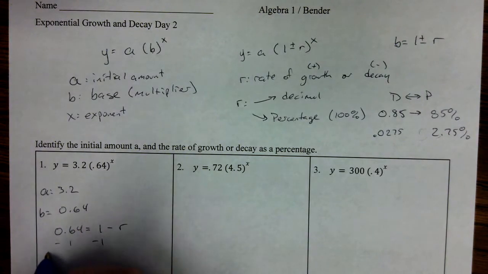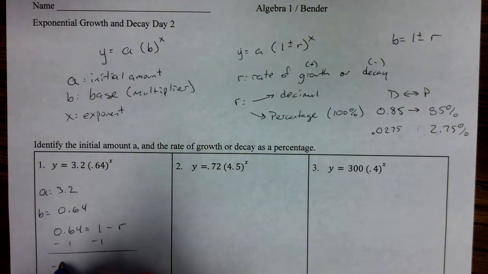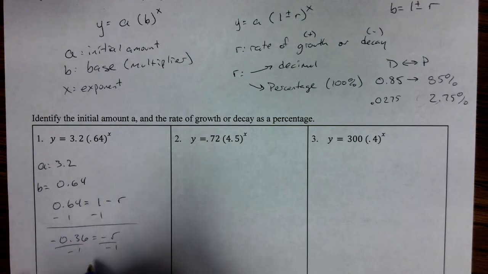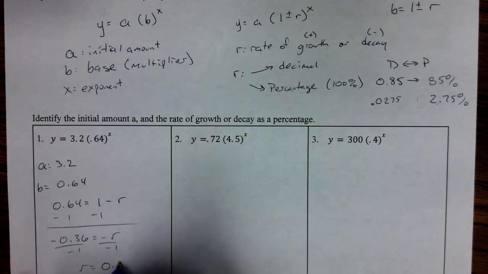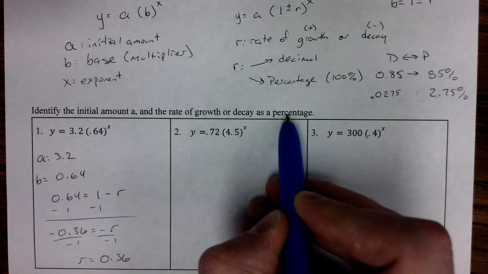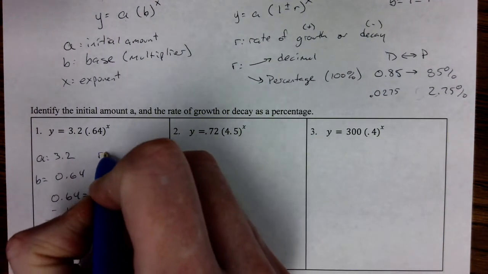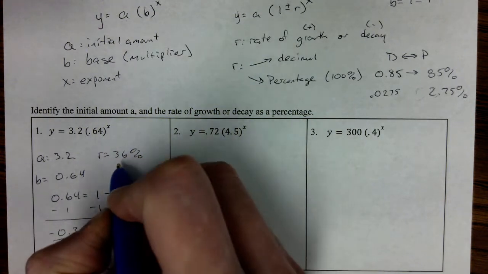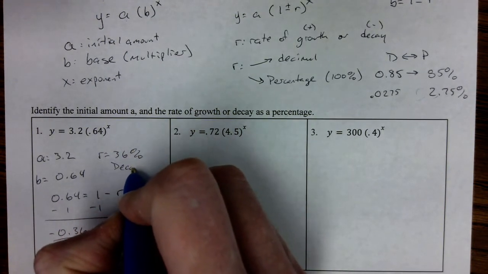I get negative 0.36 equals negative R. I have to divide by negative 1. R is equal to 0.36, which is in decimal form. More frequently, it's going to say as a percentage. So my R is going to be, move it over twice, 36% decay.